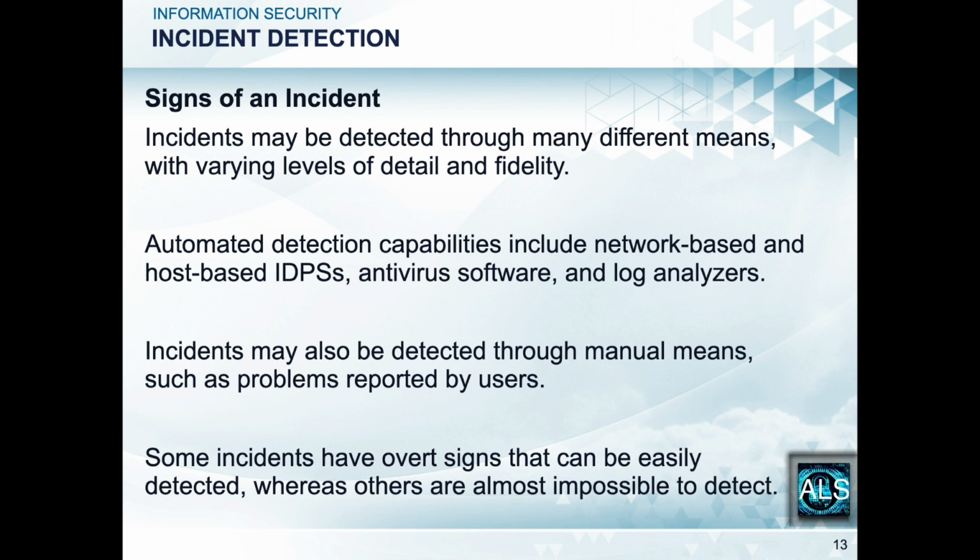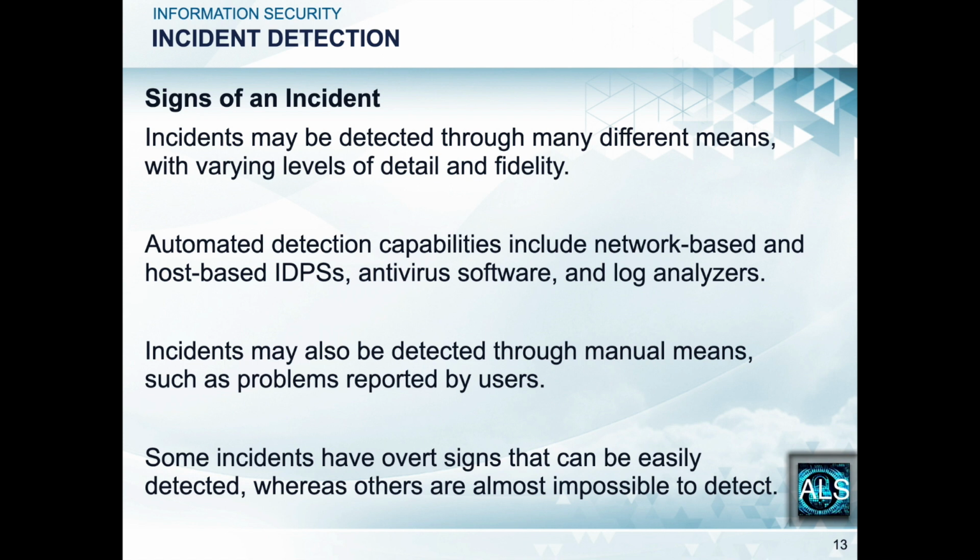Automated detection capabilities like network-based and host-based IDPS, intrusion detection, intrusion protection devices, antivirus software, log analyzers, as we mentioned in episode 1, they certainly help speed up the detection, and it allows some of the automation to reduce the time that it takes to discover the incident.